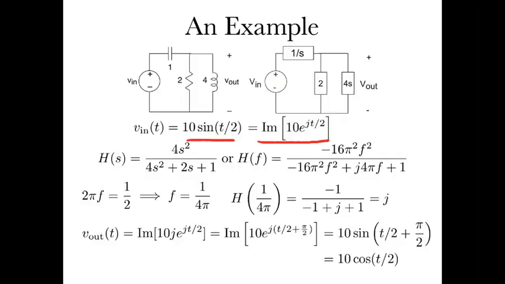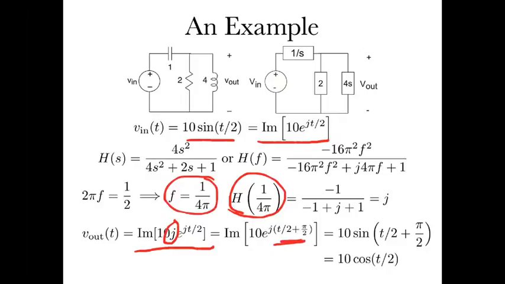Well, we know that the output is going to be the imaginary part of 10j e to the jt over 2, where j is that transfer function evaluated at the frequency of the source. And j, again, that's in Cartesian form, convert to polar form, and that's our answer.